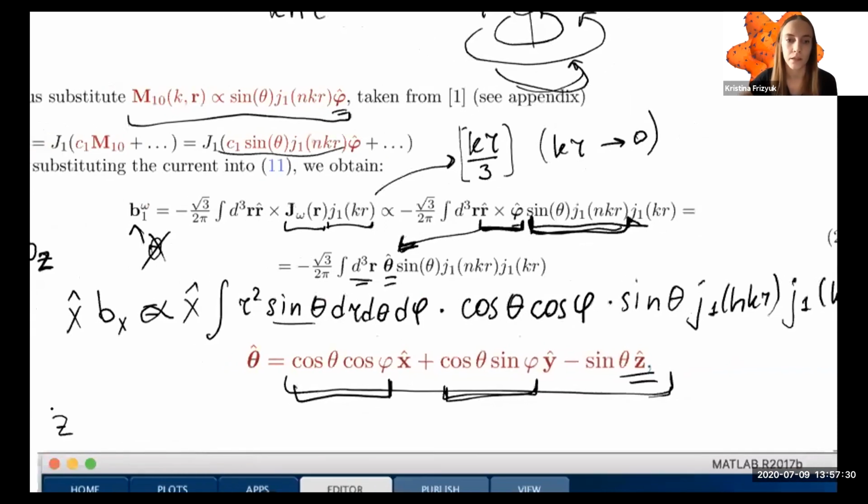But the Z component, and only this one is computed in Matlab now, is proportional to the following integral.